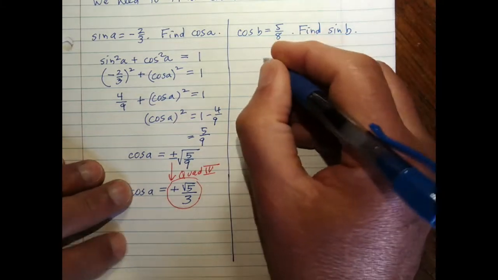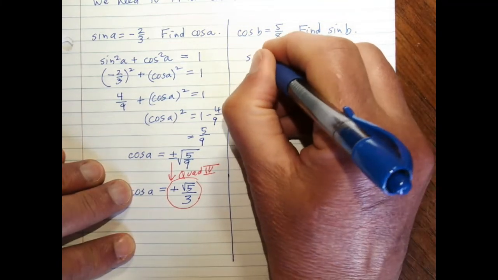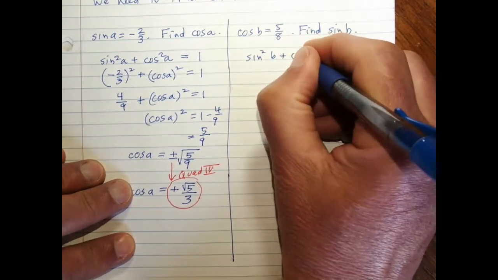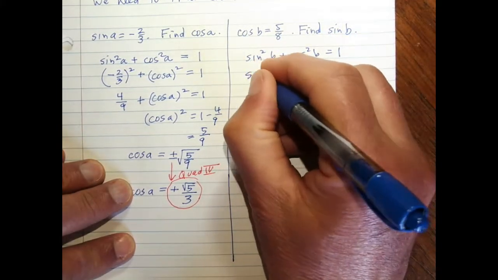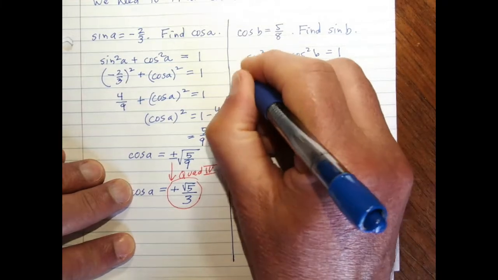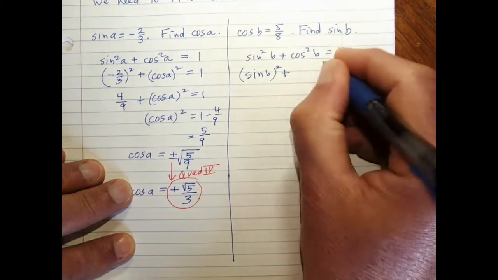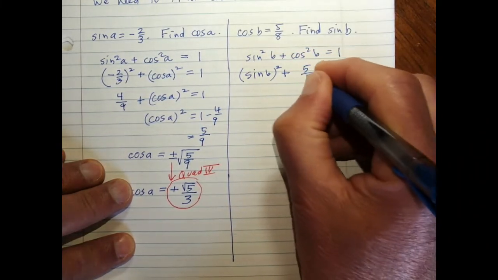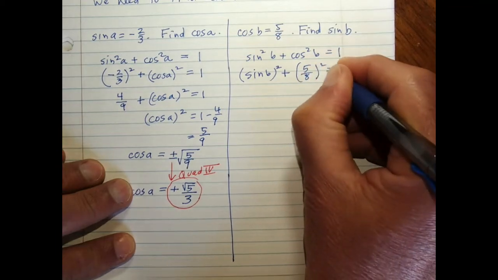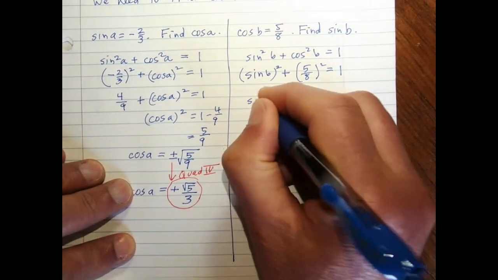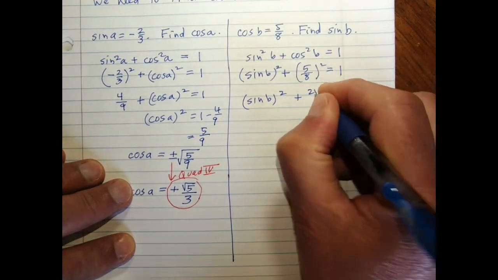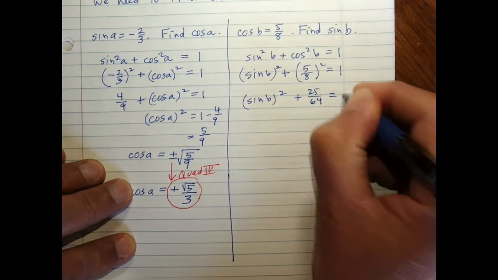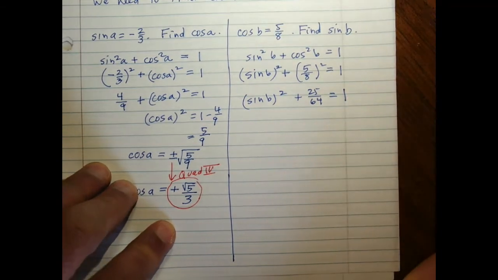Now we're going to use sine squared B plus cosine squared B equals 1. I'm going to plug in my value of cosine B, 5/8 squared equals 1. So sine B squared plus 25/64 is 1.